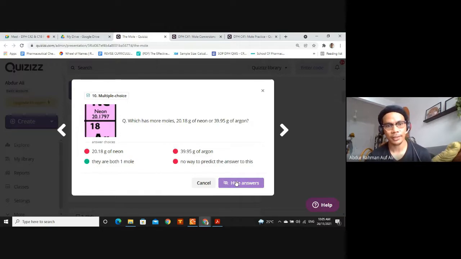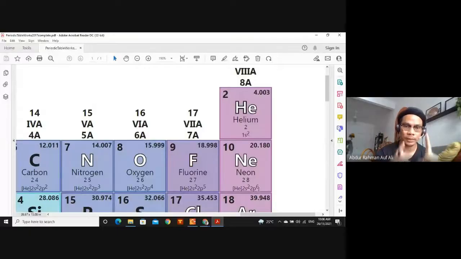So jawapannya adalah, kalau kamu confused, macam mana nak begin, jawapannya adalah they are both 1 mole. Okay, so let's take a look why. Berat untuk 1 mol.